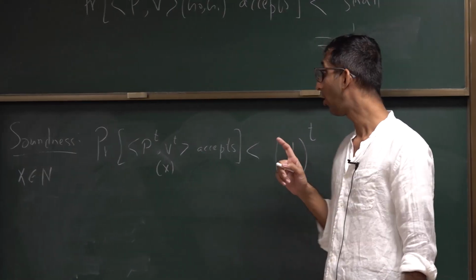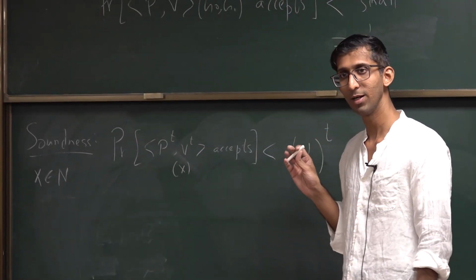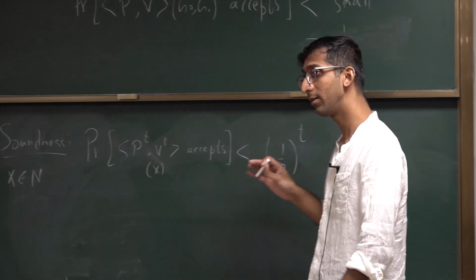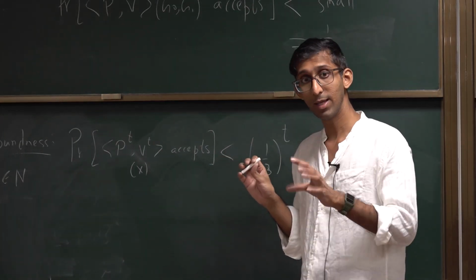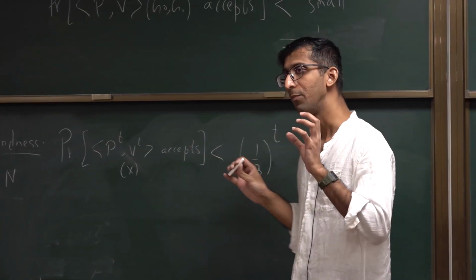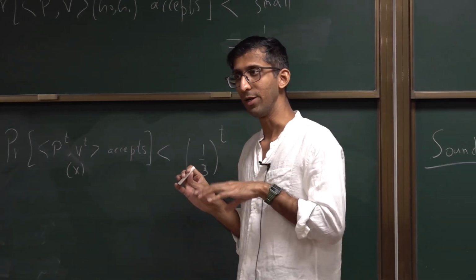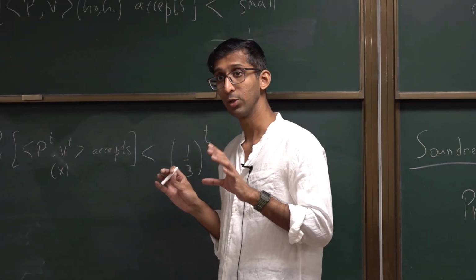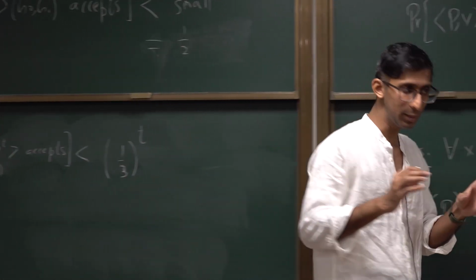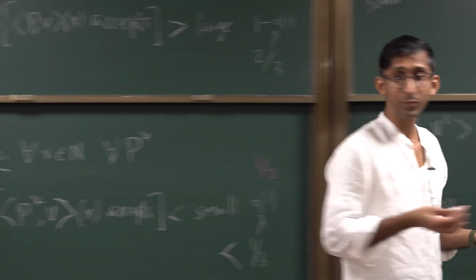It has to accept on each of the iterations for it to accept, right? And an important thing to note here, that is sort of going unsaid but that we are thinking of intuitively, is the fact that all of these iterations are independent. This is very important, because all you know is that every single iteration accepts with probability at most 1/3.